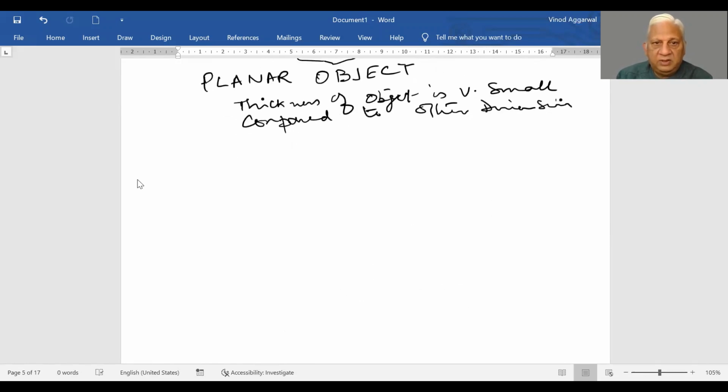Now we'll take a simple case to illustrate this. Let us say we have a disk which is rotating about this axis, going through its center of mass. This is the Z axis, this is, let us say, the Y axis, and this is the X axis.